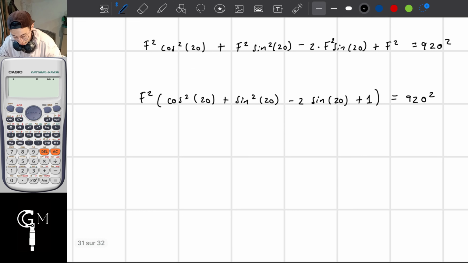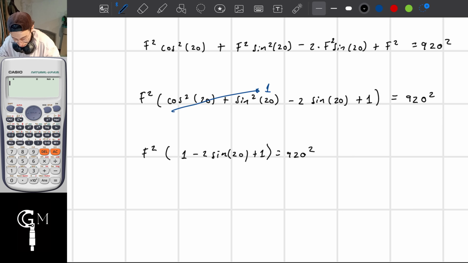Now this is a trigonometric property. This is equal to 1, which means that F squared, in parentheses, 1 minus 2 sine 20 plus 1 equals 920 squared.